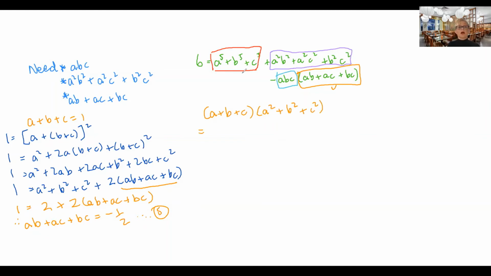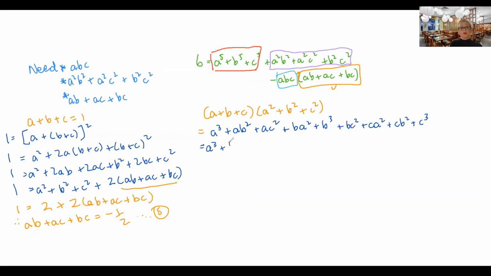Again, you're going to get 9 terms. So you're going to get A cubed plus AB squared plus AC squared plus BA squared plus B cubed plus BC squared plus CA squared plus CB squared plus C cubed.